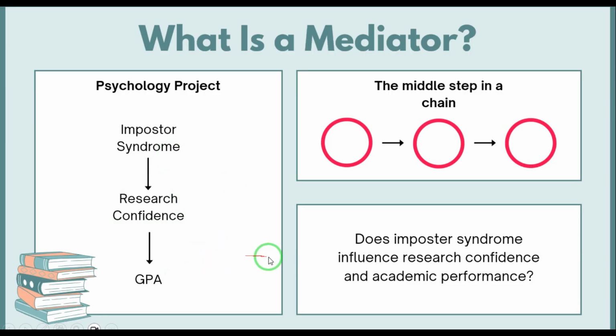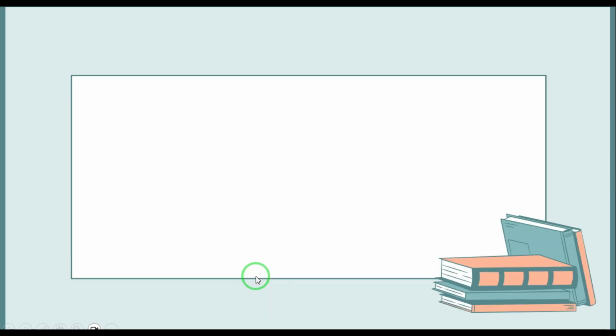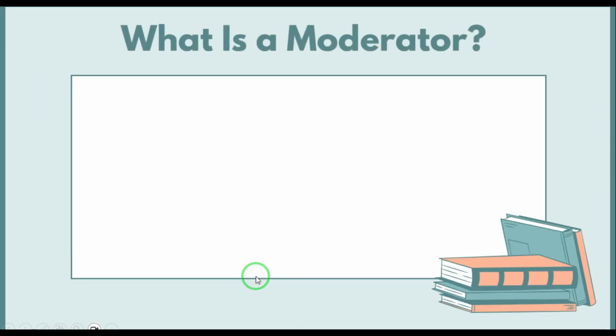Now, let's see another type of variable. Mediators explain how a relationship works, while other types of variables, which are called moderators, answer a different question. A moderator tells us whether a relationship changes under different conditions or not. So instead of asking how a relationship works, we're asking when is the relationship stronger or weaker.